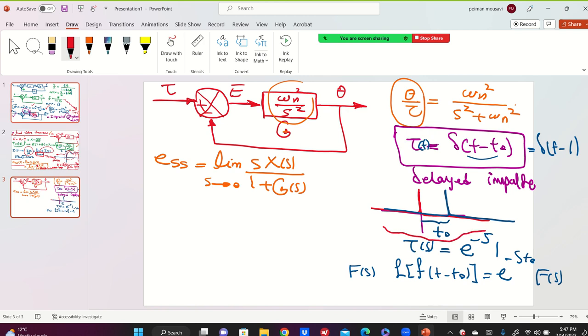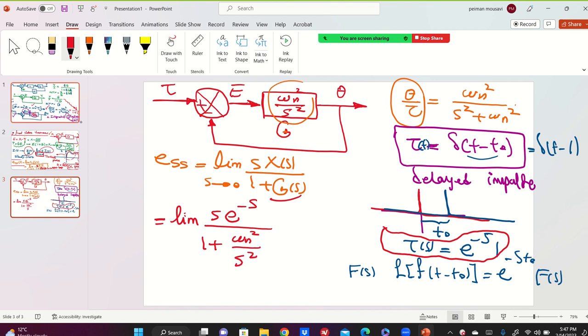Okay, that's it. So now I'm going to calculate that. It's going to be the limit as s goes to 0. Your input is x of tau of s. Your input tau of s is e to the minus s, divided by 1 plus g. Your open loop transfer function is omega n squared over s squared.